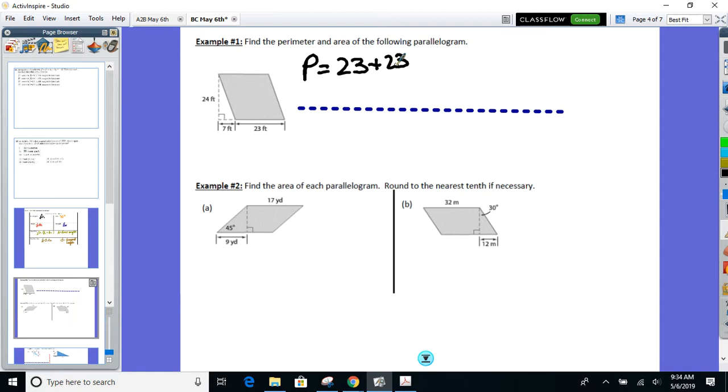Hi, Claudia. I can do Pythag. Nice. 24 squared plus 7 squared will give me the other side.